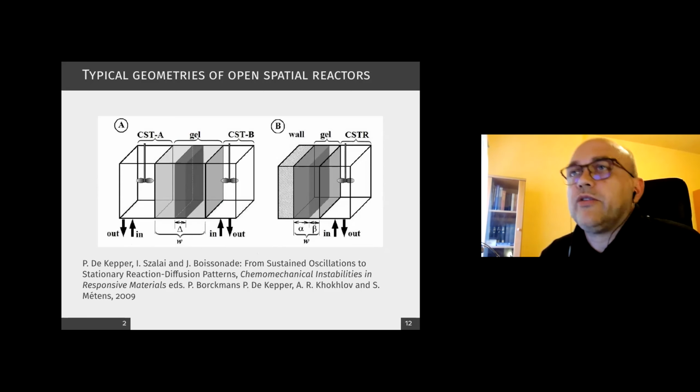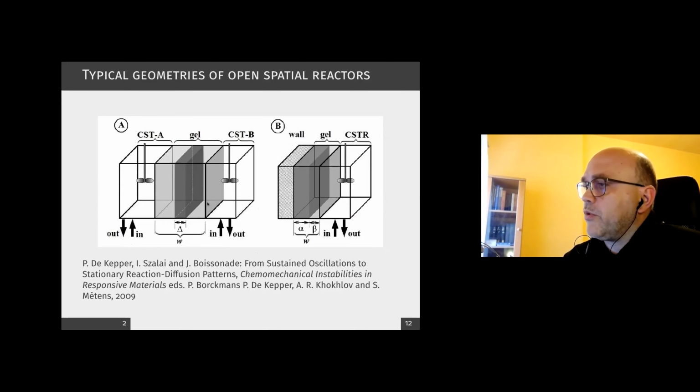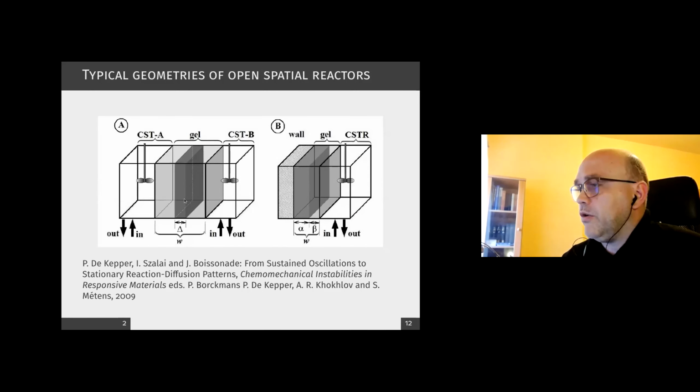The two-side fed reactor has two chambers with complementary chemicals. So let's say chemical A in one chamber, chemical B in the other, and they diffuse into the middle inside the porous material, which is often a hydrogel, and they react somewhere in the middle. So definitely we have a strong cross gradient in this kind of reactor.